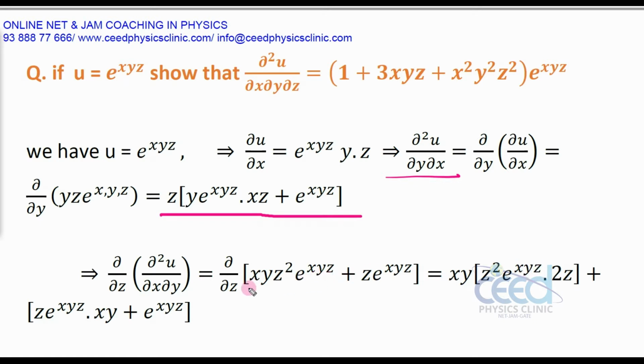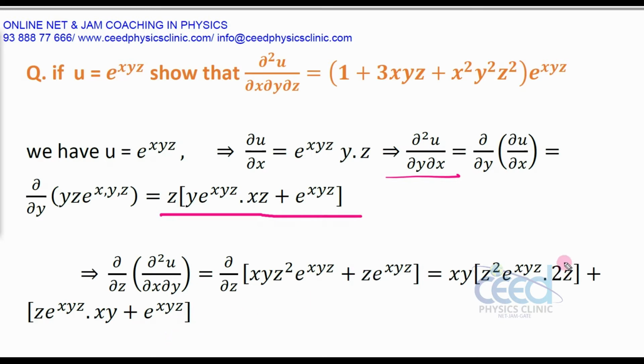Okay, so we are doing with respect to z. So here I can take xy out. So z e raised to xyz into, when I am doing this I will have xy.